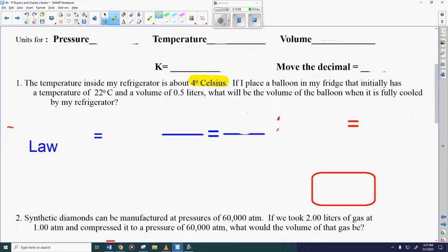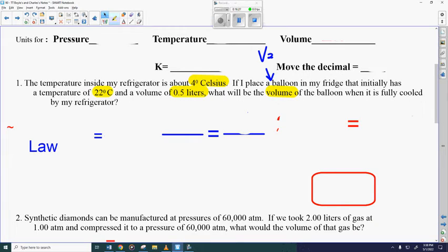If I place a balloon in my fridge that initially has a temperature of 22 degrees Celsius, got it, and a volume of 0.5 liters, okay, what will be the volume of the balloon when it is fully cooled by my refrigerator? So what this is looking for is that final volume, the volume at the end. So it's looking for V2. That's what we want to find here.